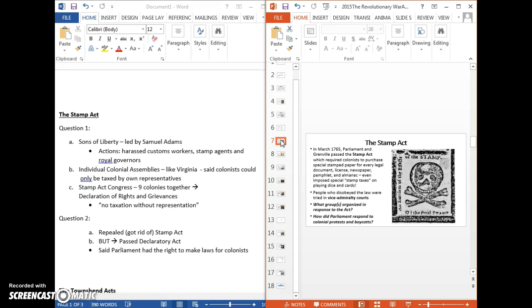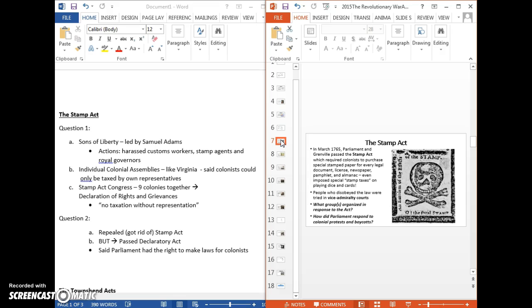Parliament says that just under the sheer fact that the colonists are colonies of Great Britain, they are virtually represented in Parliament. That's not going to be good enough for the colonists. They want actual representation in Parliament. And until they feel like they are represented, they refuse to pay these taxes.